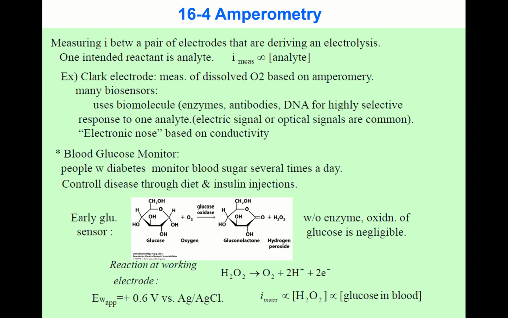Very simple. To oxidize hydrogen peroxide, you apply 0.6 volt versus silver chloride at neutral pH. The measured current is proportional to the hydrogen peroxide concentration and also to the glucose concentration in blood. That's the idea.